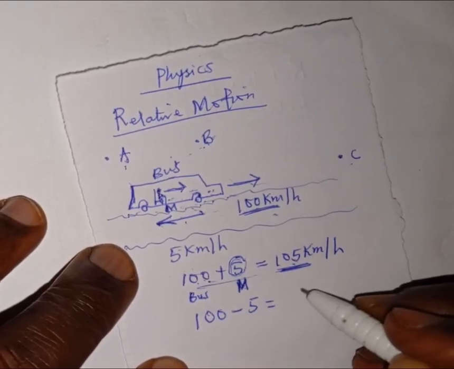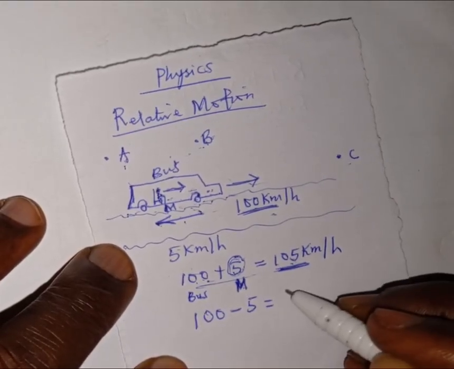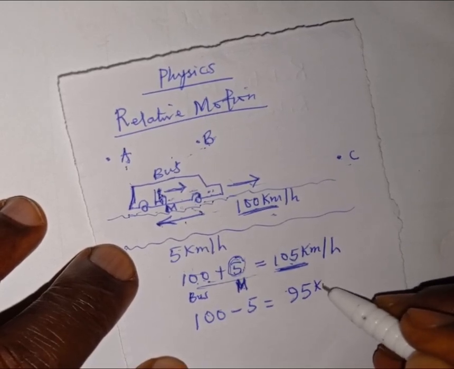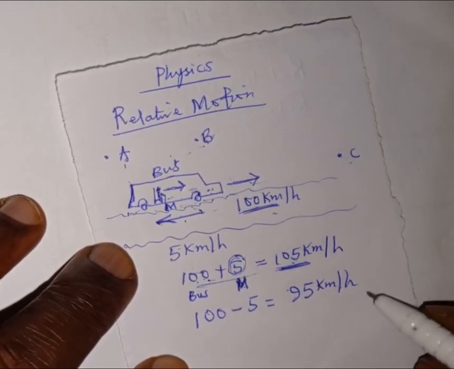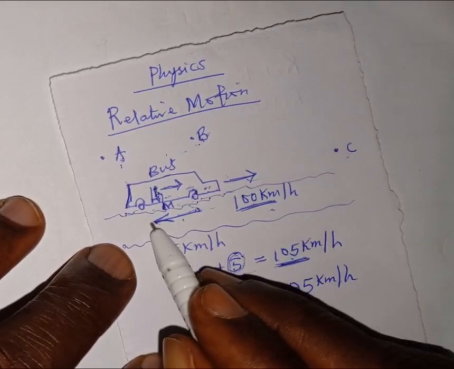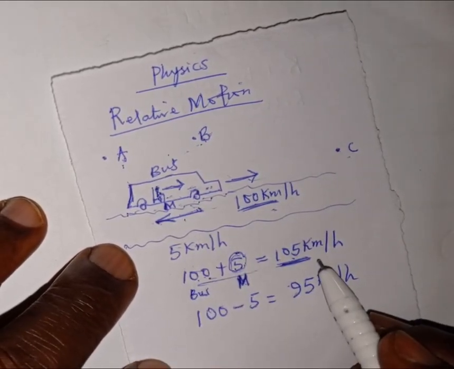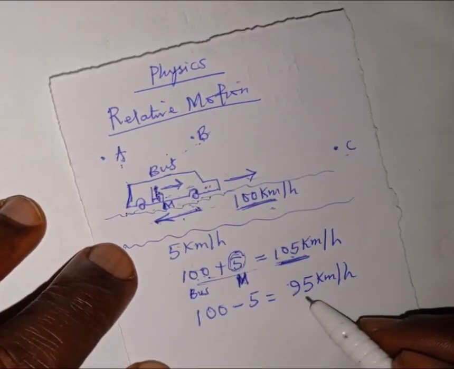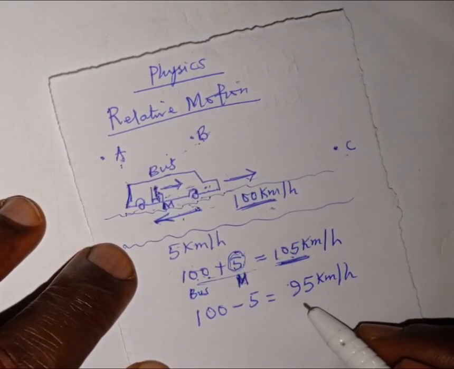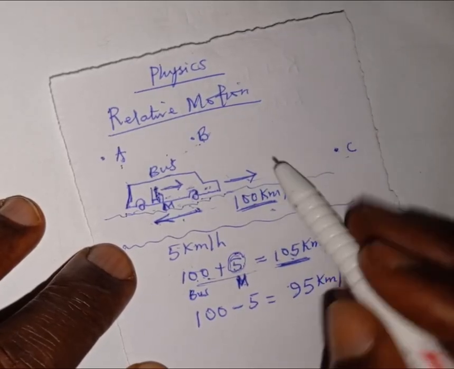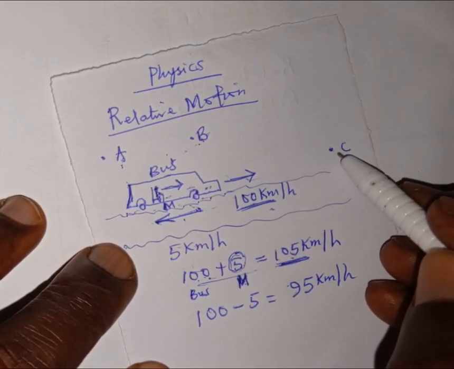The young man, Mike, is now traveling at 95 kilometers per hour. So he's now going in the opposite direction, and the relative speed to the earth will now reduce because the bus is still traveling towards town C.